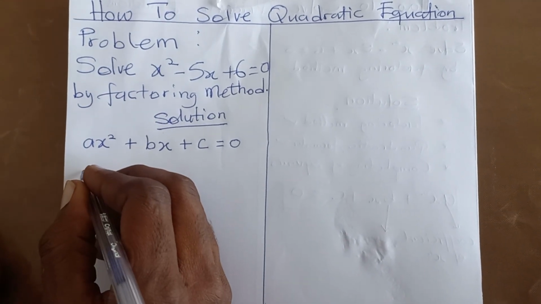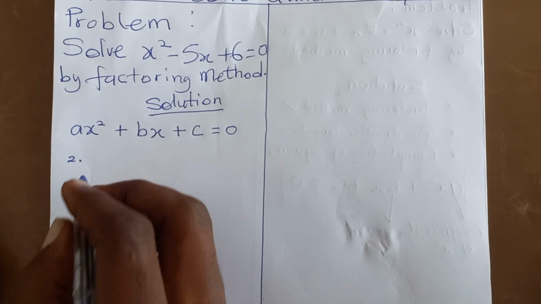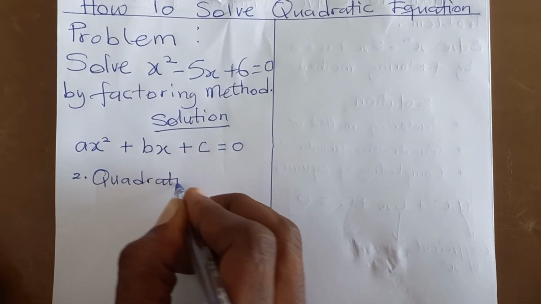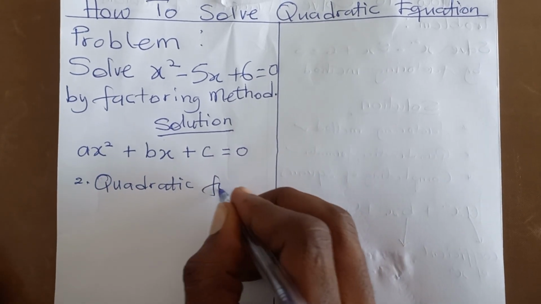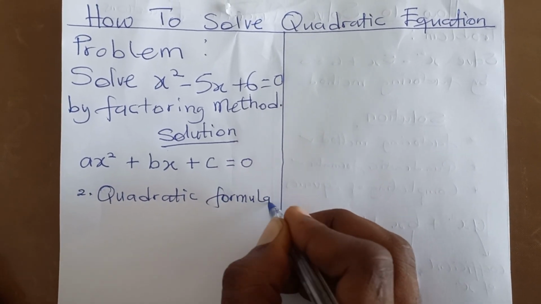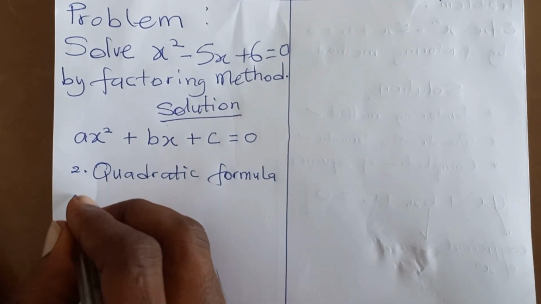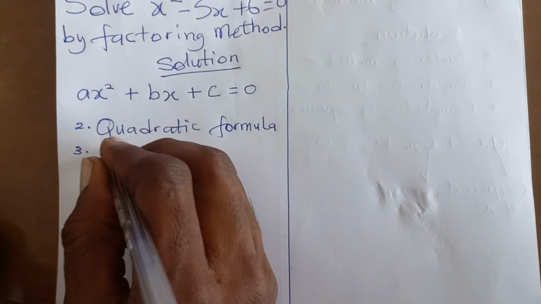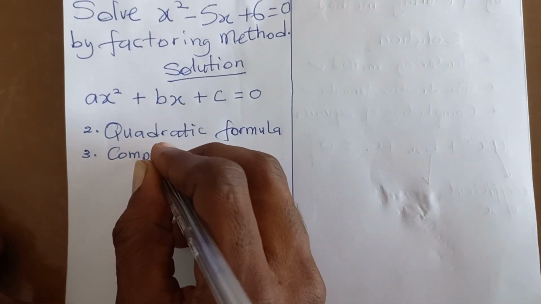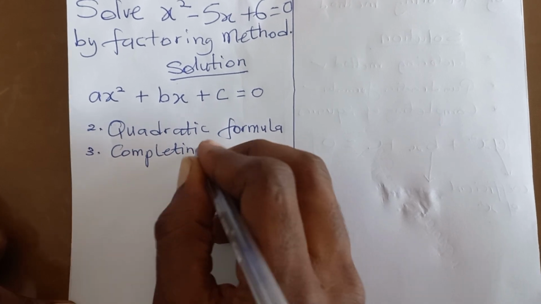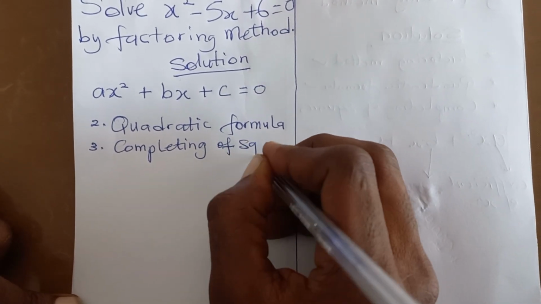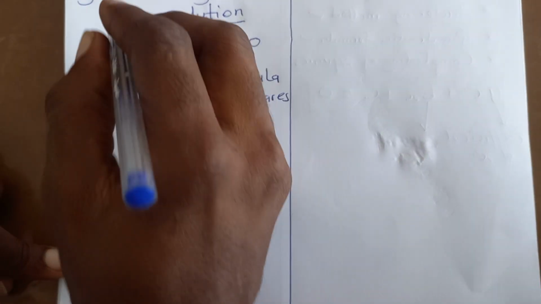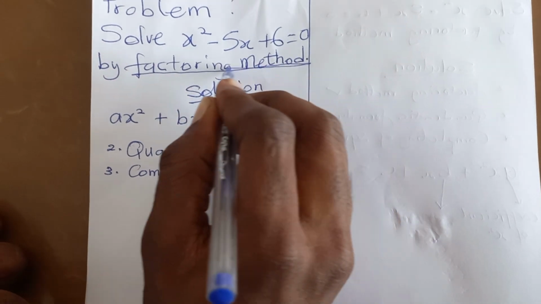We have the other two: the second one is the quadratic formula, and the third one is completing the square. Good. So we are using the factoring method in this case.